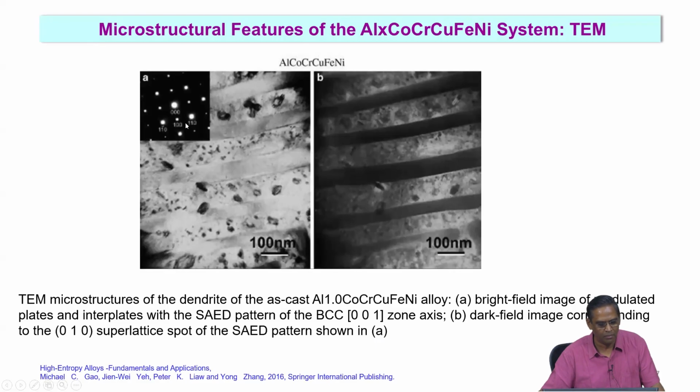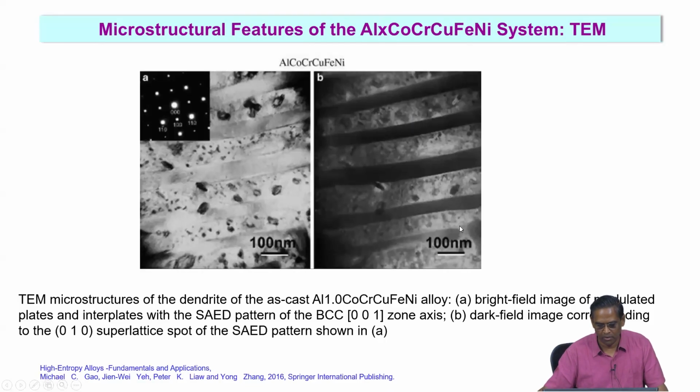You have a fundamental reflection which shows as a square here. They are all fundamental reflections, that is 001 type zone axis, and then in between at the center you see the superlattice reflection. So, you form a dark field image by one of these superlattice reflections, then you get this kind of an image.